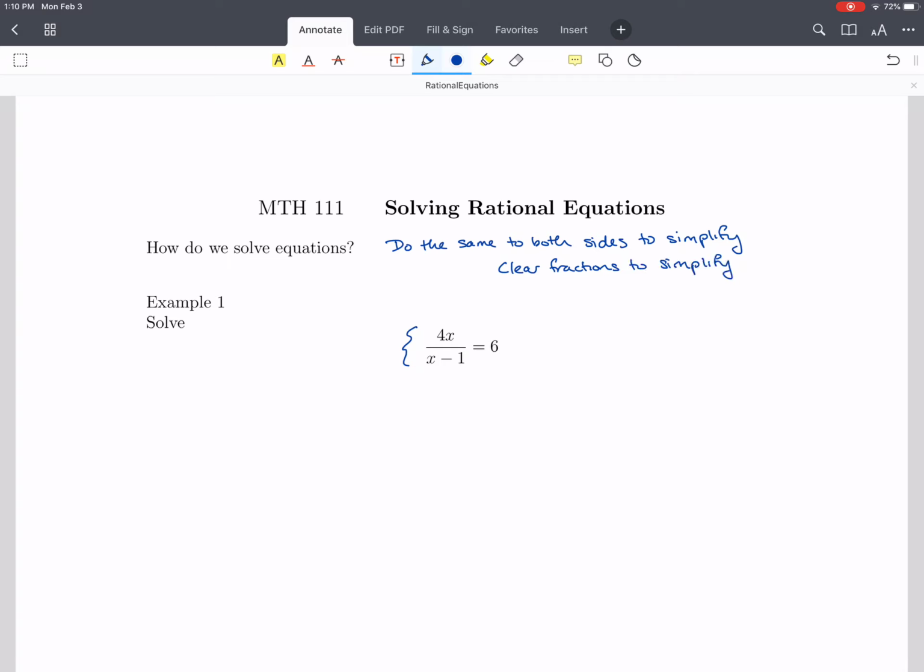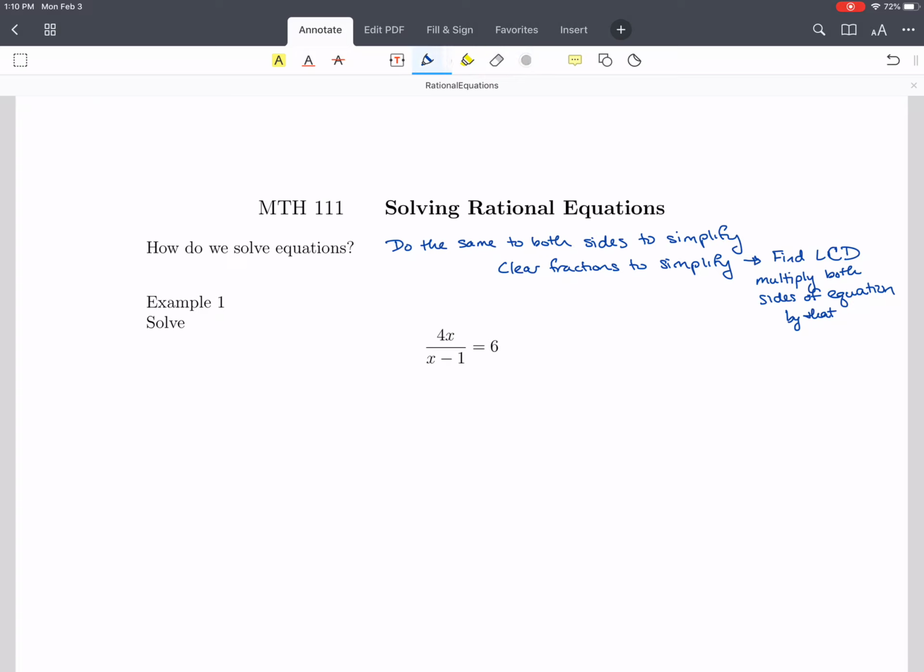There's more than one way to clear fractions, but usually the most direct and straightforward way is to find the least common denominator and then multiply both sides of the equation by that. If you do that, you'll clear all the fractions all at once.